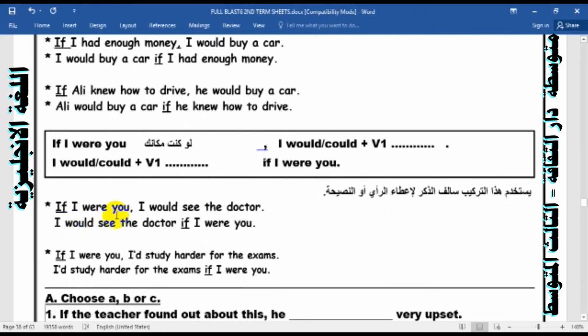If I were you, I would see the doctor. I would see the doctor if I were you. Number 2. If I were you, I'd study harder for the exams. I'd study harder for the exams if I were you.